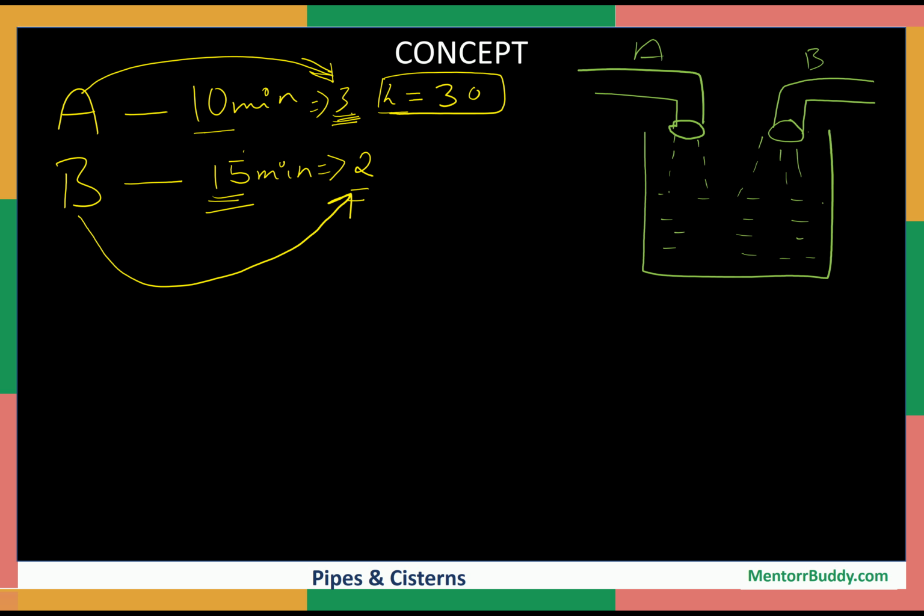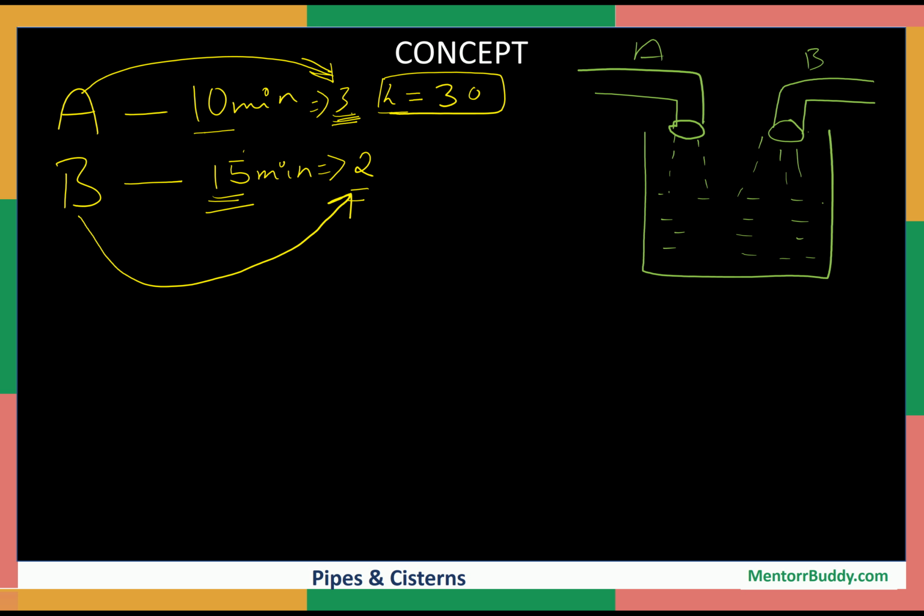We cannot say that, because the total timing is not given to us. We cannot simply combine 10 minutes and 15 minutes, because they are not doing the work together. They are working half the time each: first one pipe is working and for the other half the second pipe is working.